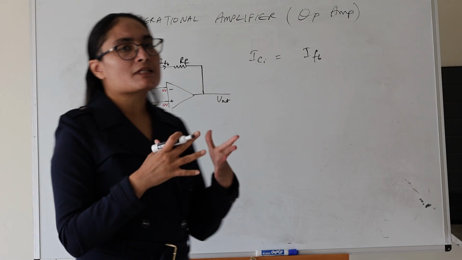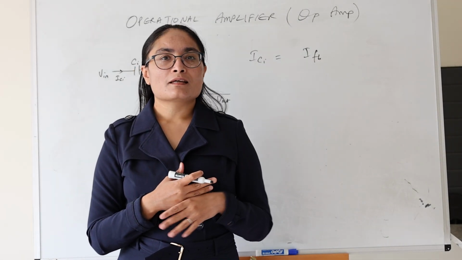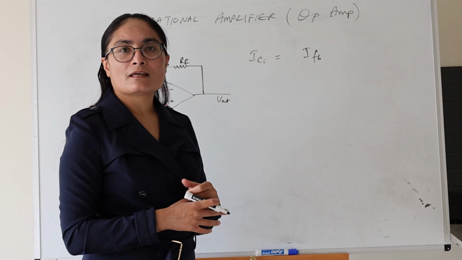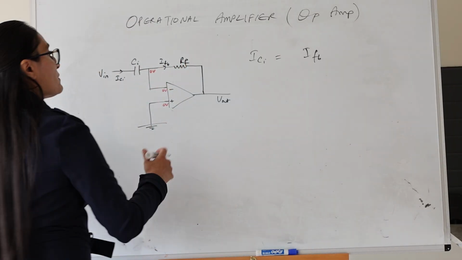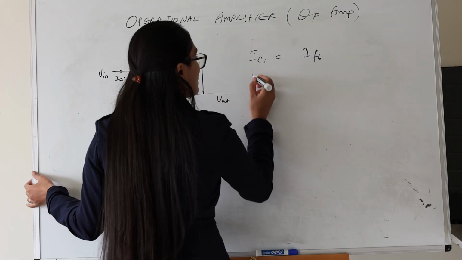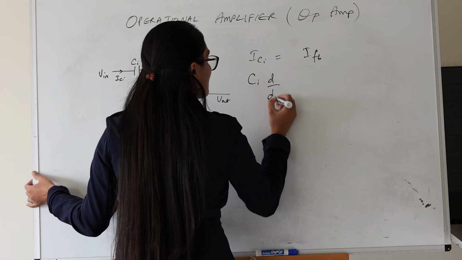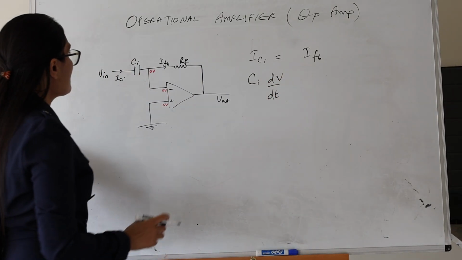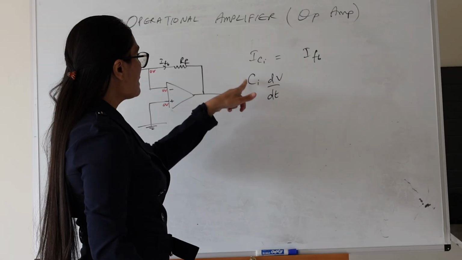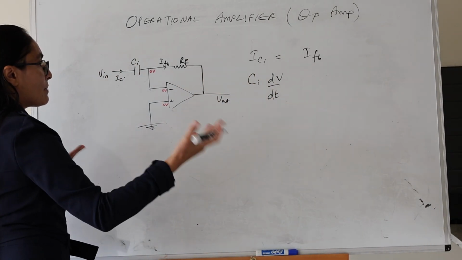You have to go back to the previous lectures that we have covered in this series to calculate what IC1 is specifically. Well, I'll just mention it here again. For a capacitor, we know I is equal to C dV/dt, where V is whatever the voltage drop across the capacitor is. This is what we know from understanding how capacitors behave.